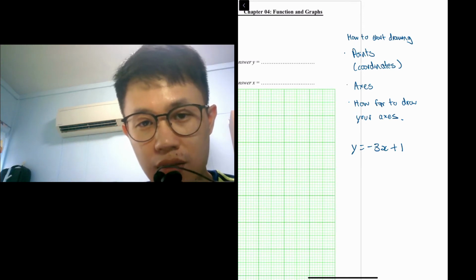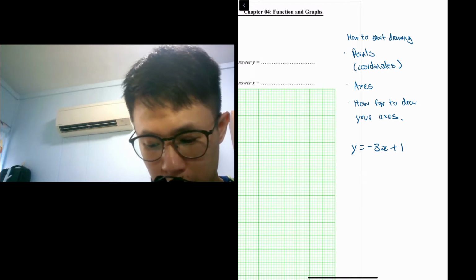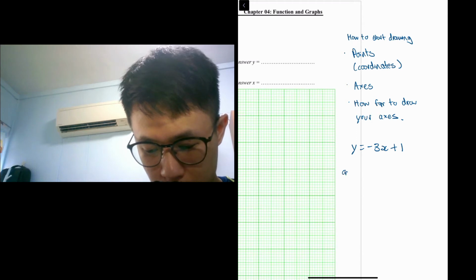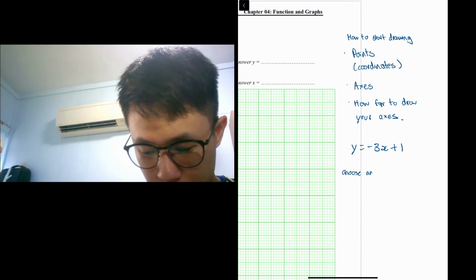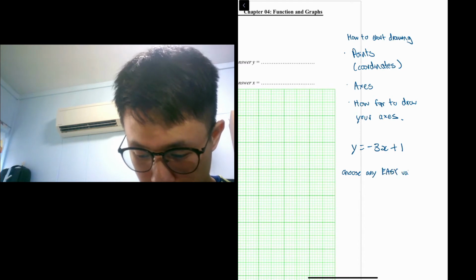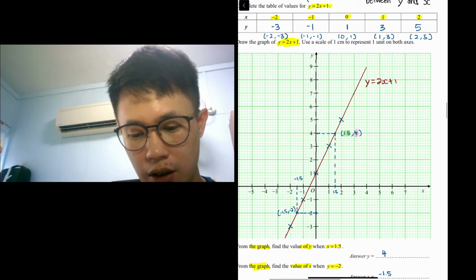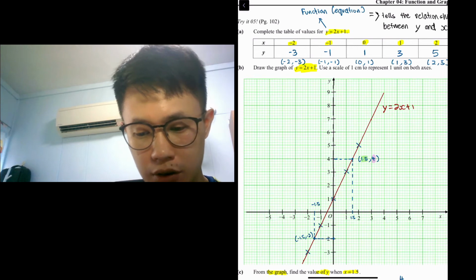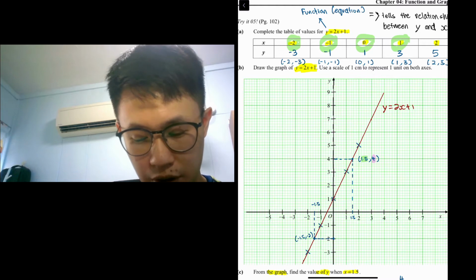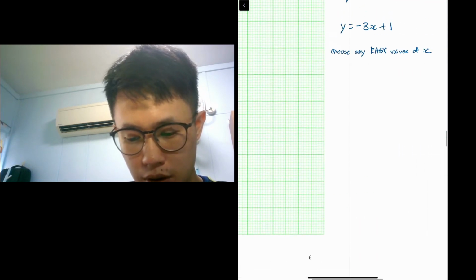You can choose any value of x, but you should choose easy values of x. Why choose easy values of x? Let's look at the previous part. Are these all easy values of x? They are, right? Negative 2, negative 1, 0, 1, 2. You can always just choose easy values here.